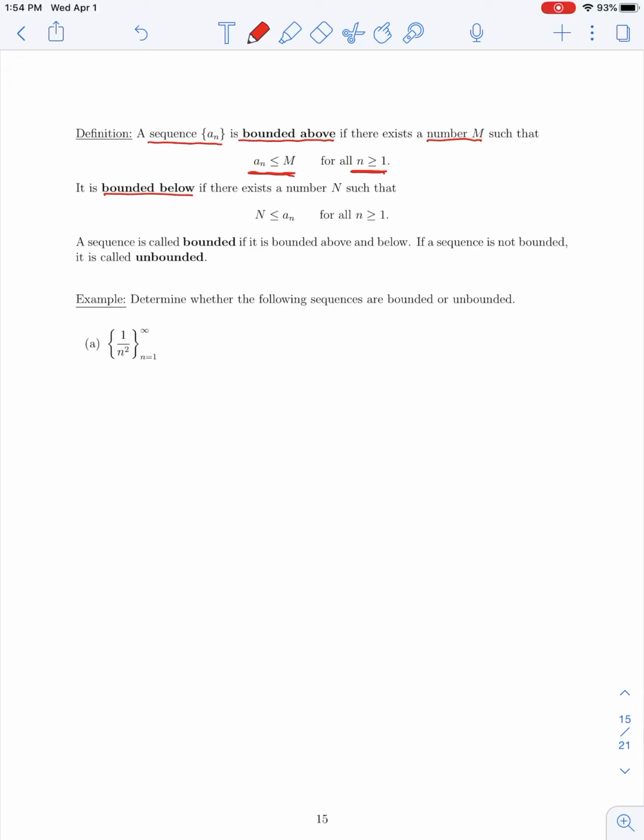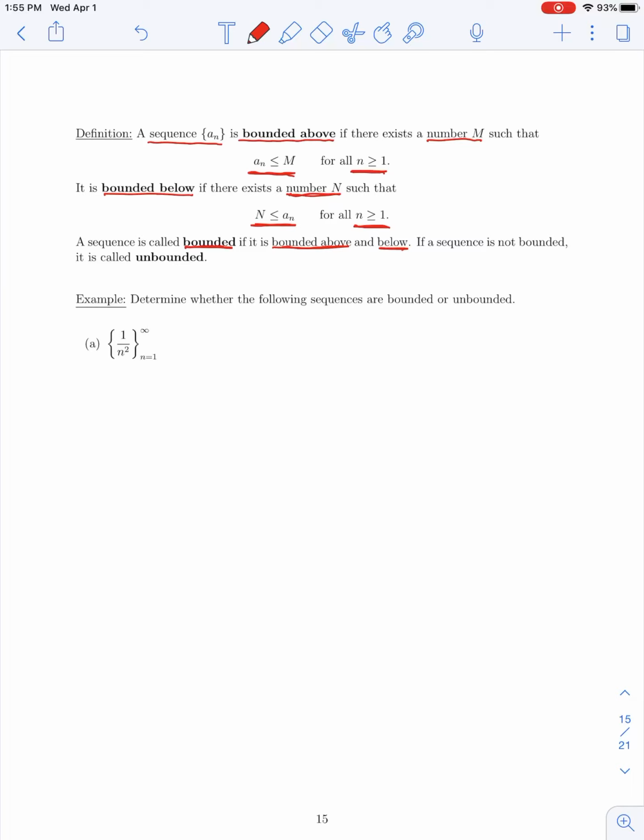So a sequence is called bounded above if there is some number M such that the terms of our sequence never lie above that number. And then similarly, a sequence is said to be bounded below if there exists some number capital N such that the terms of my sequence A sub n are always greater than or equal to capital N for every term in my sequence.